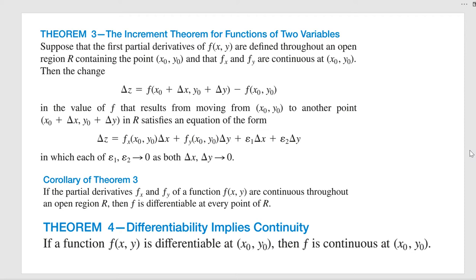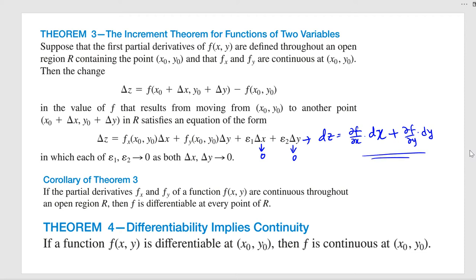Now this differential will be, when we allow delta x goes to 0, this function can be written as dz equals del f del x into dx plus del f del y into dy.